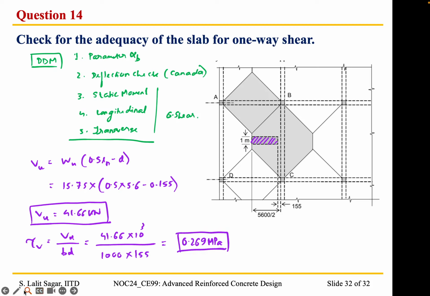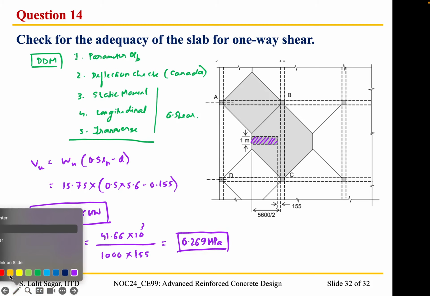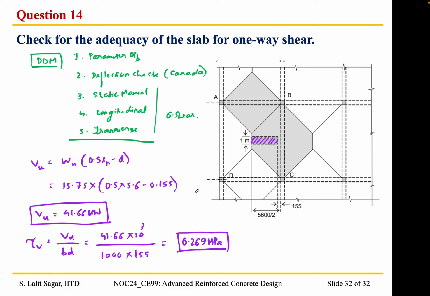Okay, now I will determine the shear resistance. Now how do we determine the shear resistance? It is based on the IS code provisions, and it is similar to determining the shear resistance of a beam.